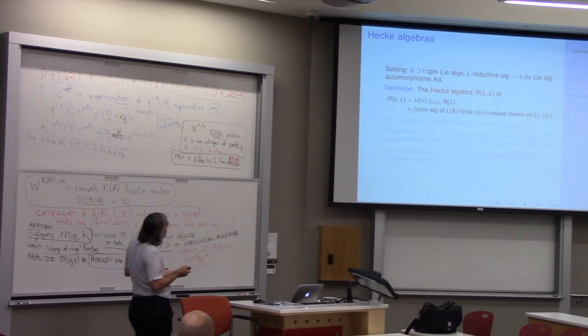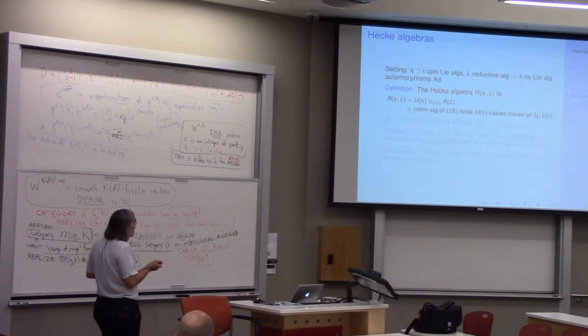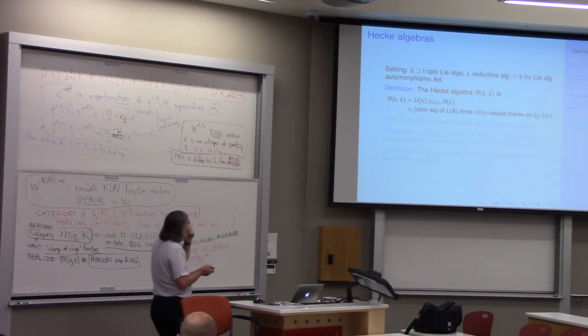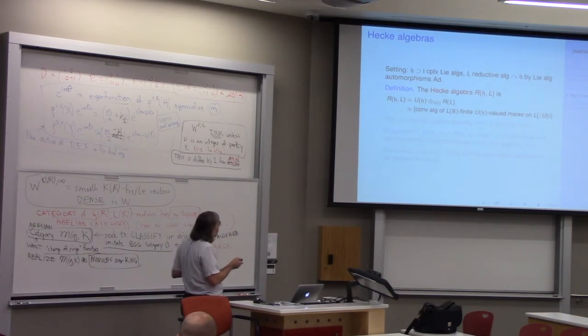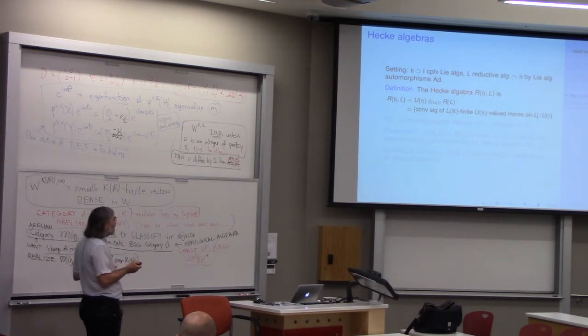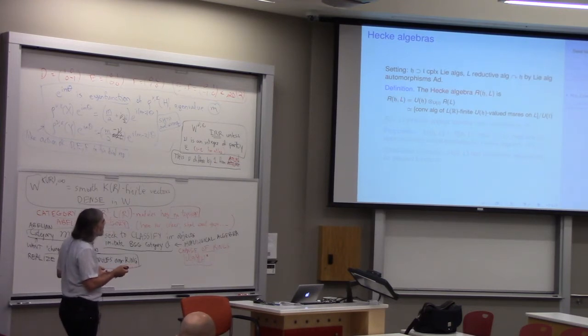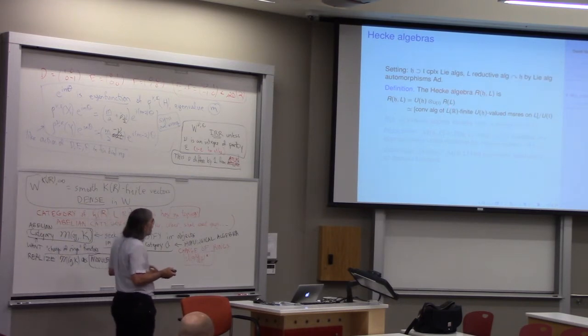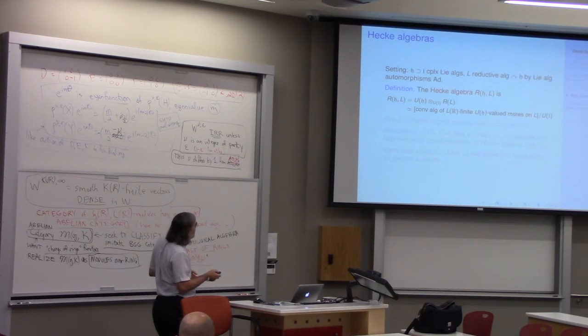In this setting, well, I don't want to belabor this too much, but you can make a kind of smash product of the enveloping algebra of H and this algebra of distributions, R of L, and there should probably be an L of R here.